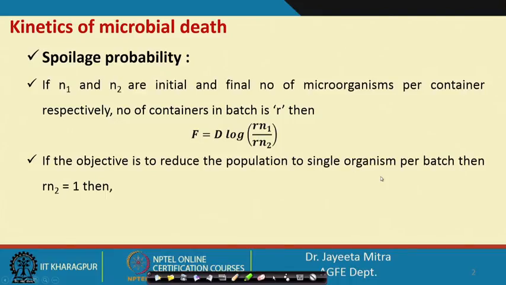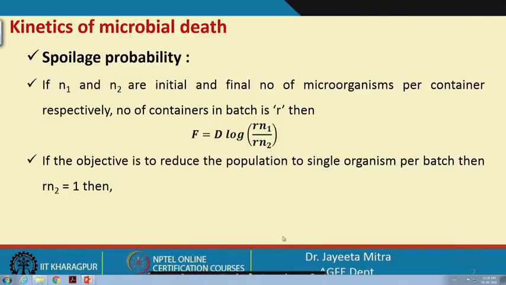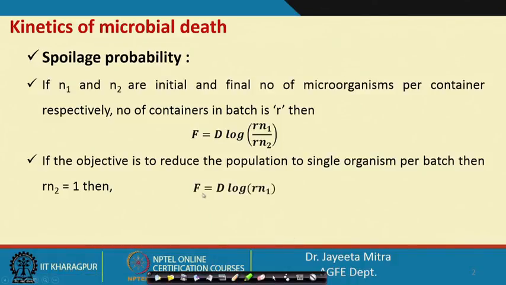R containers in each batch, and in each container there are N2 microorganisms. So, a single organism per batch indicates RN2 will be equal to 1. So, putting RN2 equal to 1 in this equation, we can get F equal to D, that is decimal reduction time, into log RN1, because RN2 is 1.